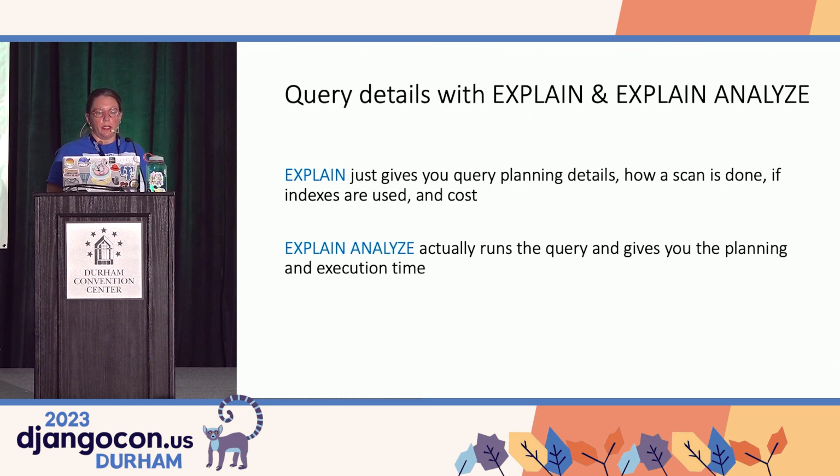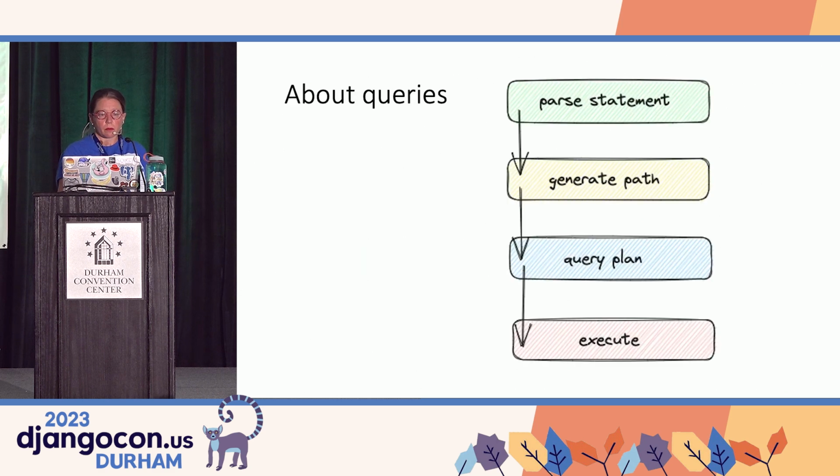And explain analyze will do the same thing and give you the execution time, so how long it took to run the query. Under the hood, Postgres does tons of work. When your query from your Django application comes in, Postgres does all of this stuff to parse it out, generate the fastest path, make a query plan, execute that, and then return it to you.